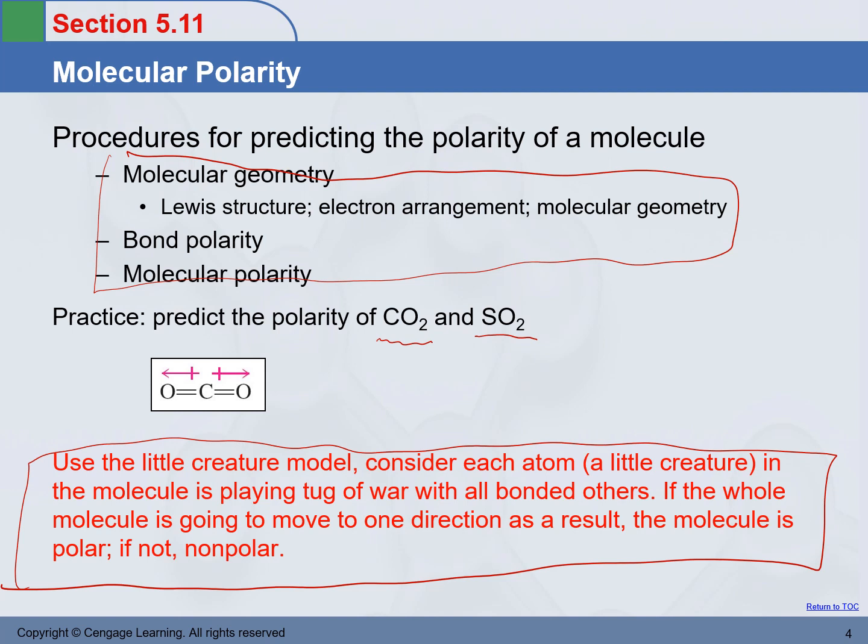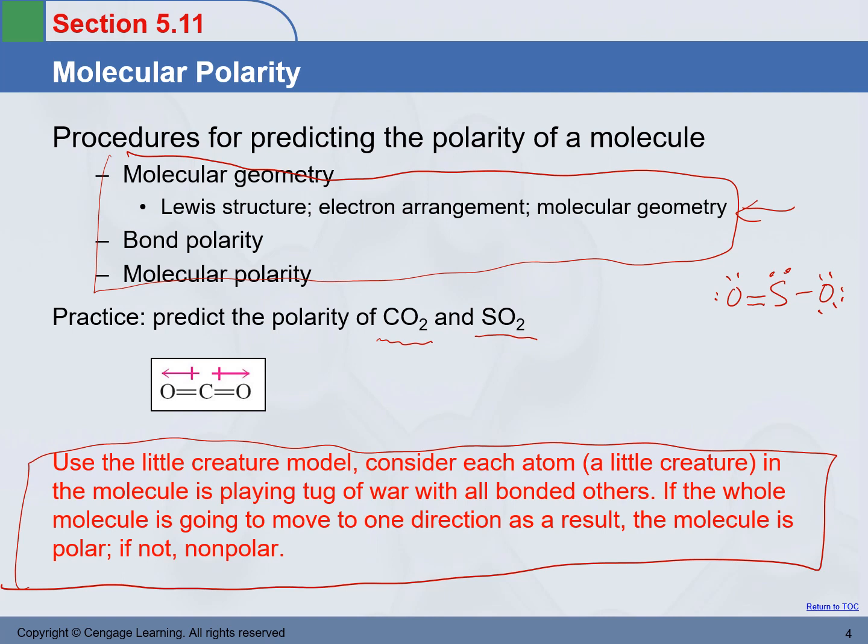Sulfur dioxide. Let's follow this procedure. This will be the Lewis structure of sulfur dioxide. There's a double bond between oxygen and sulfur, and a single bond between the other oxygen and sulfur. Well, this is the loose structure.